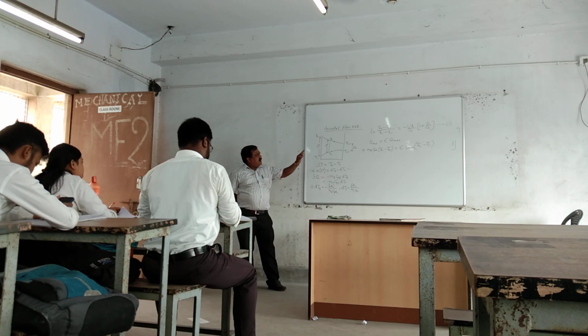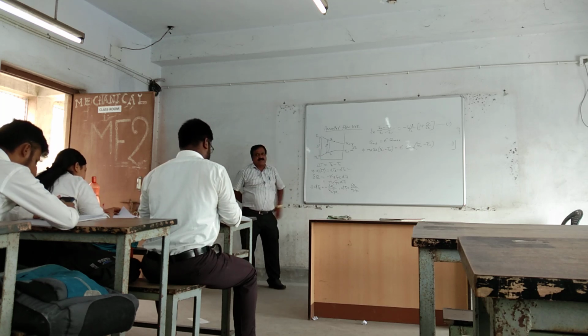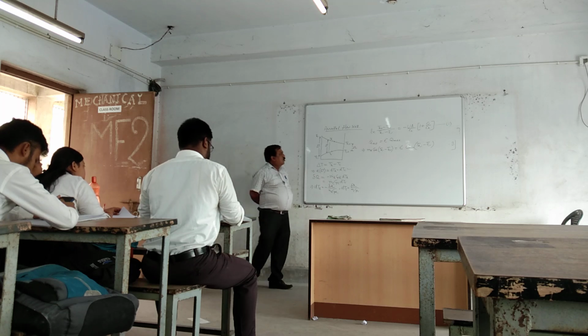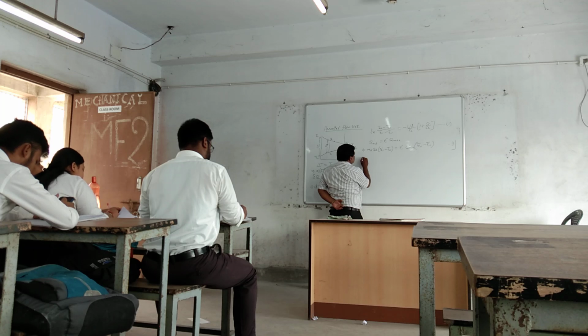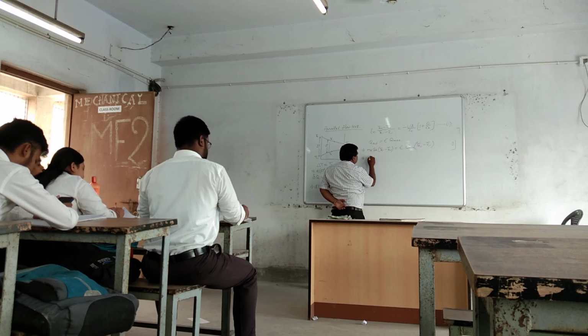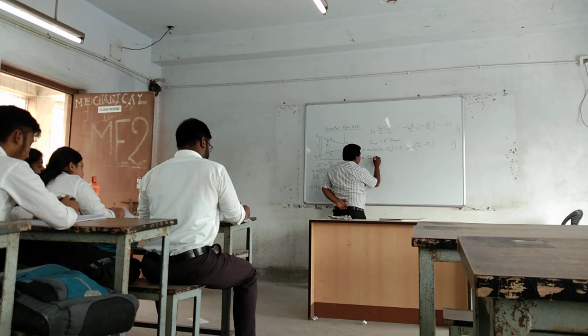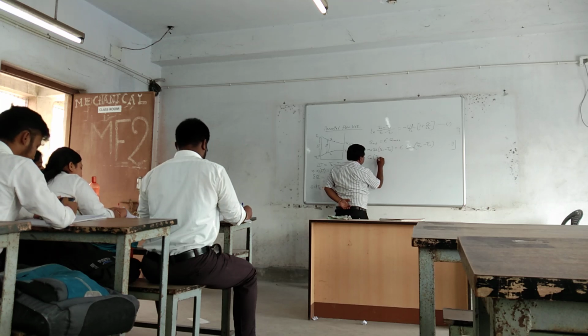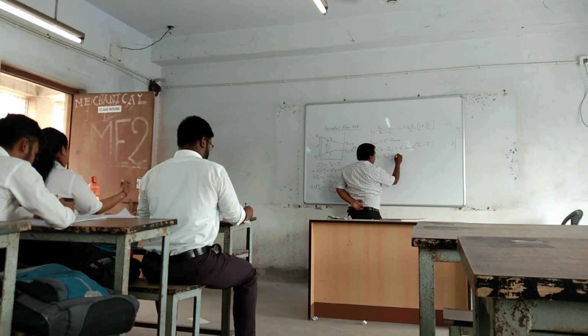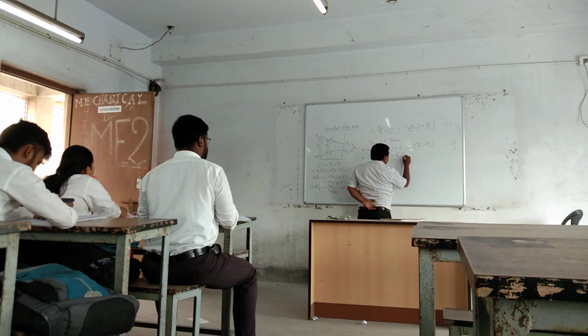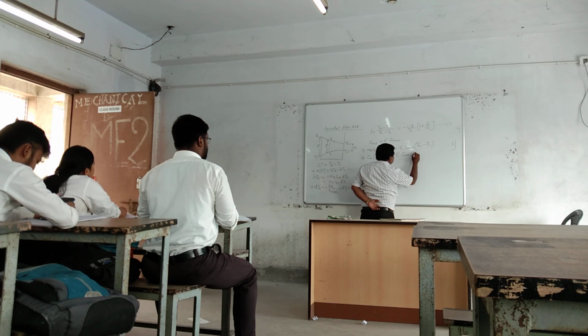Our aim is to find out the outlet temperature. Since the outlet temperature is not given to us, from these we can write capital CH into (THI minus THO) that is epsilon C minimum (THI minus TCI).